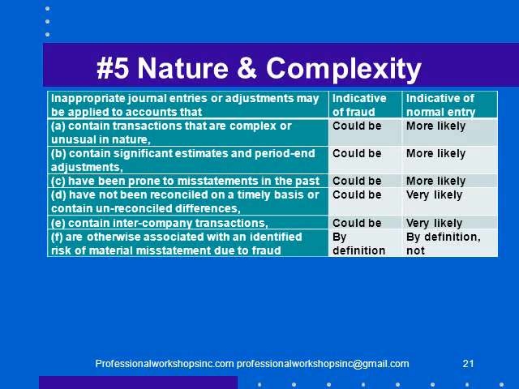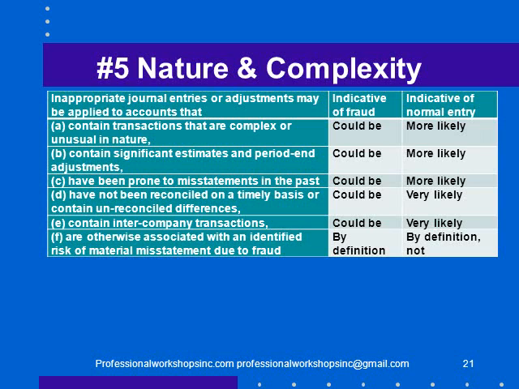The next set of advice is about the nature and complexity of the account. So transactions or journal entries made to accounts that contain transactions that are complex or unusual in nature could be fraud, but also could be normal. Contain significant estimates and period-end adjustments could be fraud, could also be entirely normal. Have been prone to misstatements in the past could be fraud, could be normal.